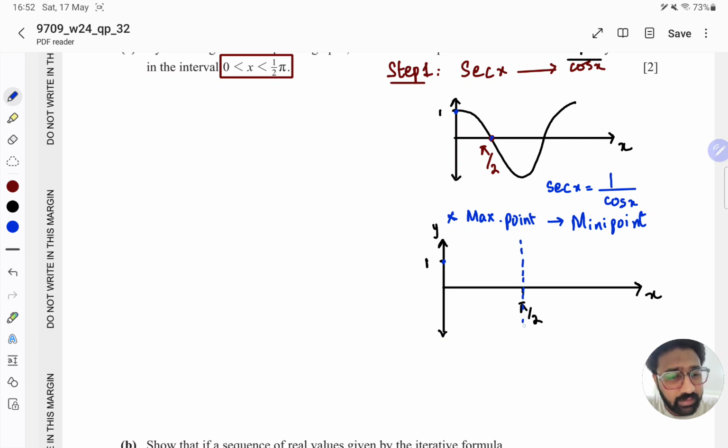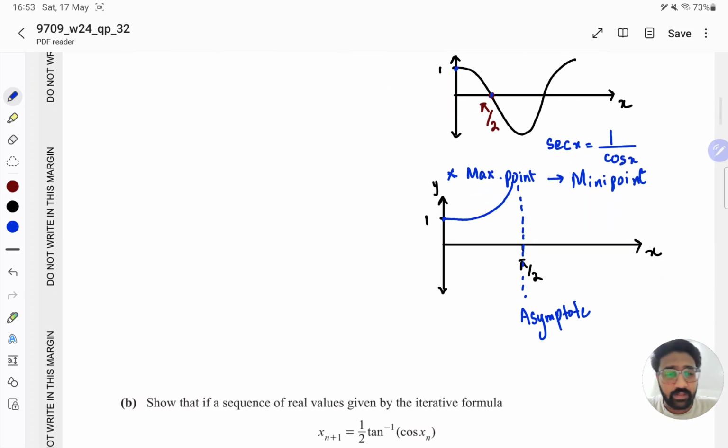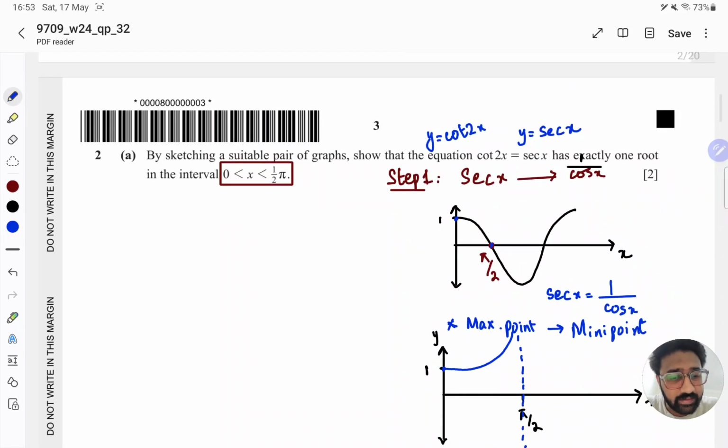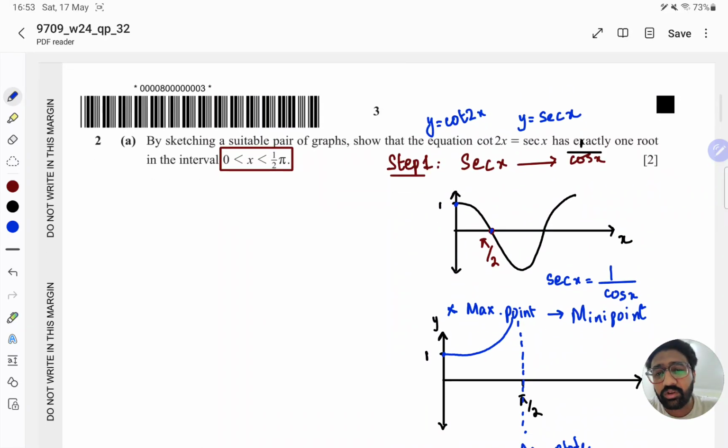Infinity means that this is going to be an asymptote, and the graph is going to look like this. It is going to approach towards infinity like this. So this is how the secant x graph is going to look.